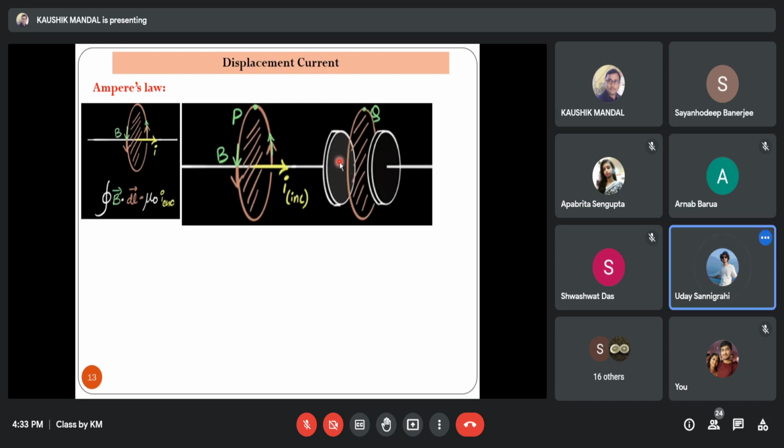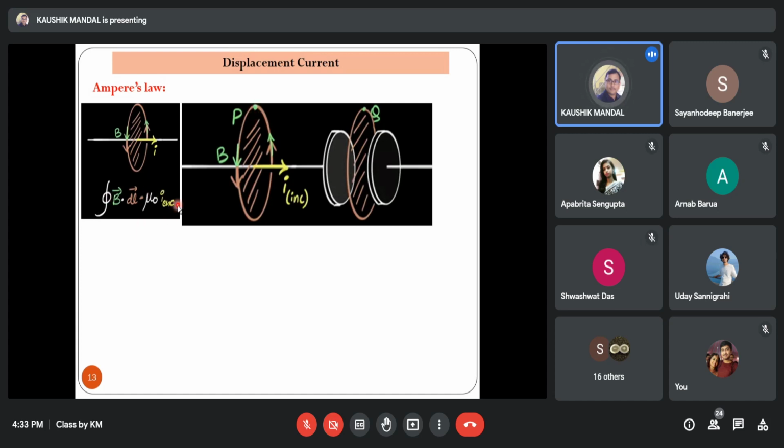Sir, there will be. We have learned about Ampere's law in detail. I have summarized it again. As per Ampere's law, if we consider a closed loop around this conductor at point P, we can describe the magnetic field by this equation.